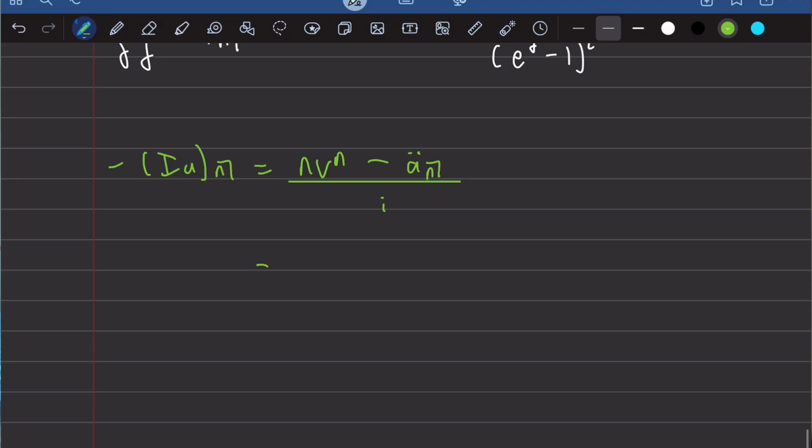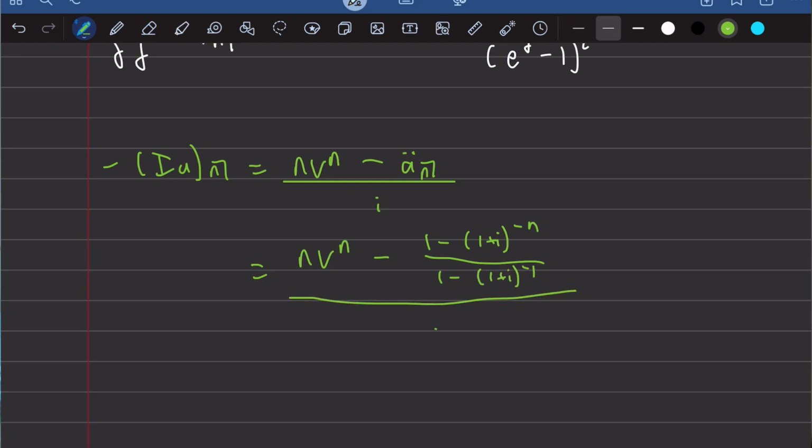So this expands to n v^n minus (1 minus (1 plus i) to the negative n) over (1 minus (1 plus i) to the negative 1). This is all going to be divided by i.